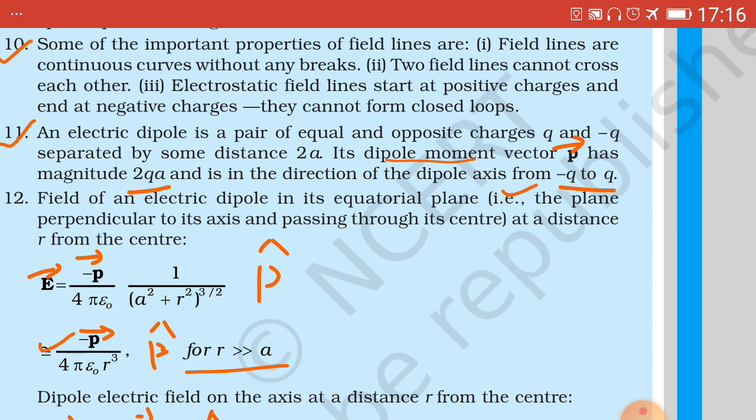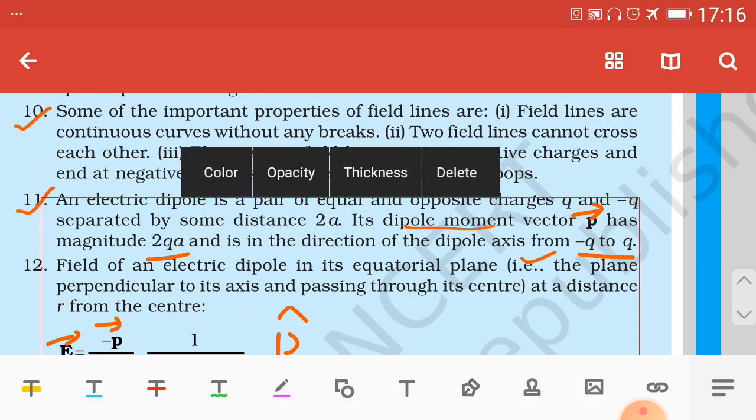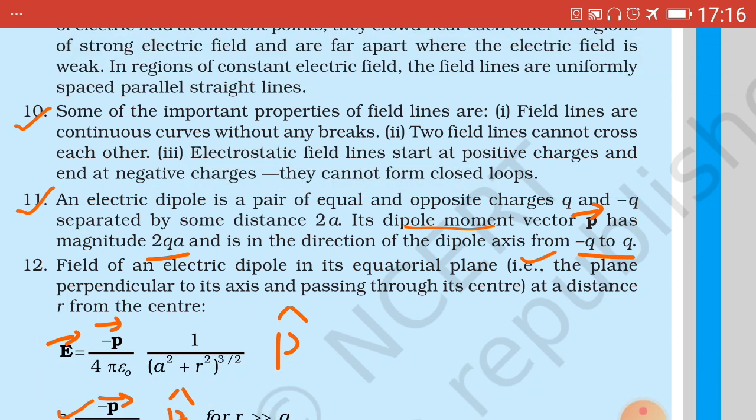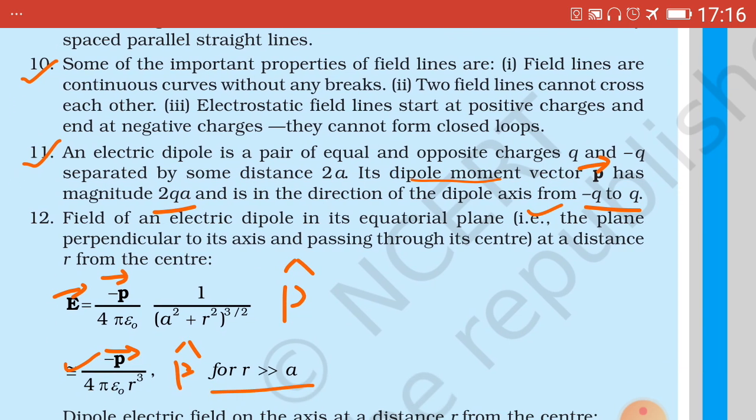Definition of an electric dipole, separated by some distance 2a, dipole moment vector p and its magnitude is 2qa or 2aq.